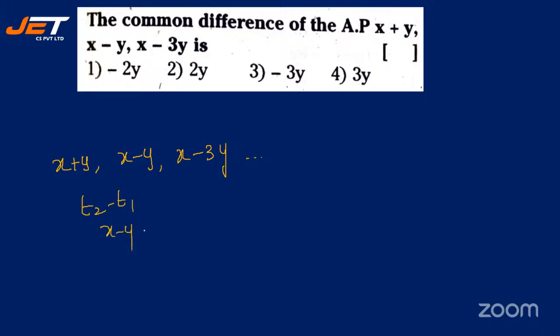So T2 minus T1: x minus y minus x minus y. So x gets cancelled. So you will get minus 2y. So minus 2y is option 1. So this is your correct answer. All right. Hope you're getting this.